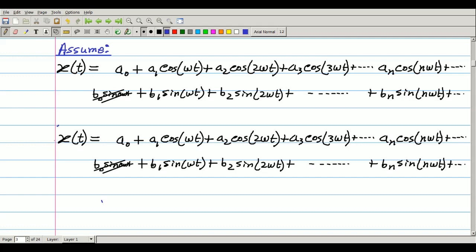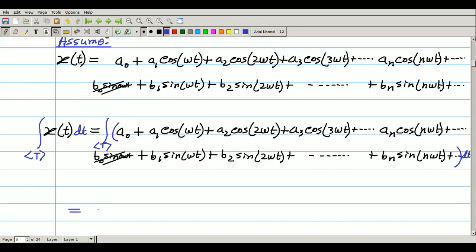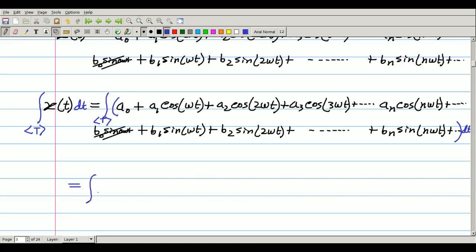So let me integrate the left hand side over a complete period of capital T, and also integrate the right side over the same complete period of capital T, dt, and here also dt.